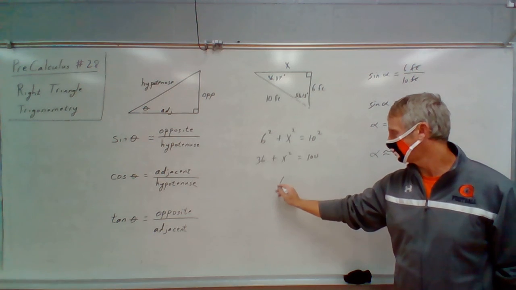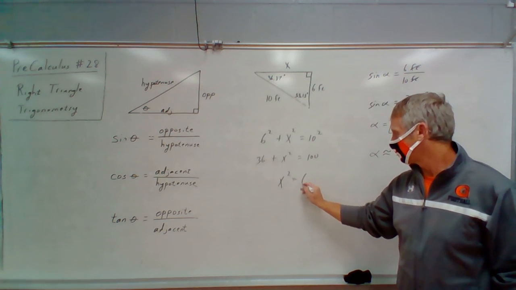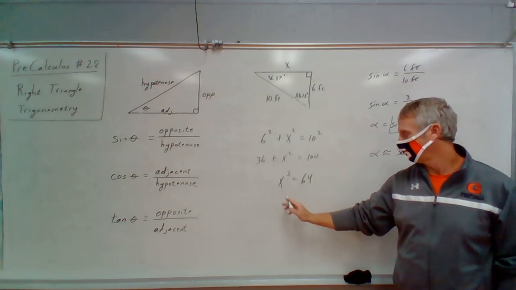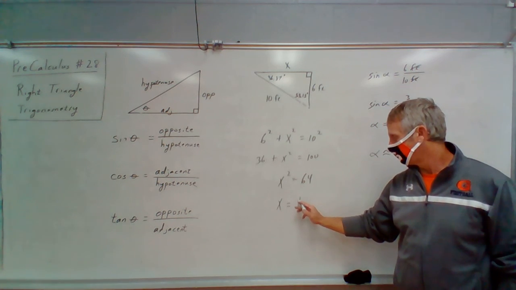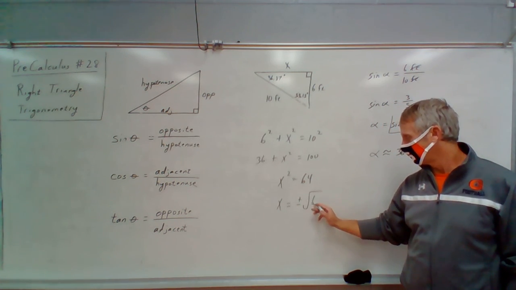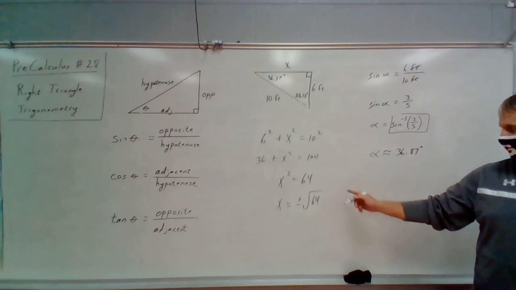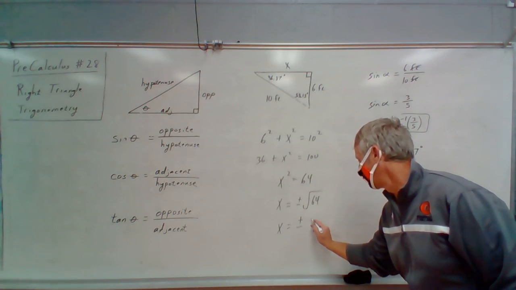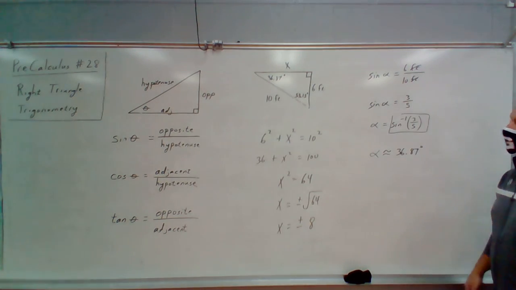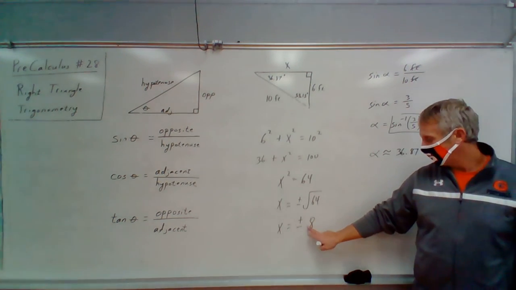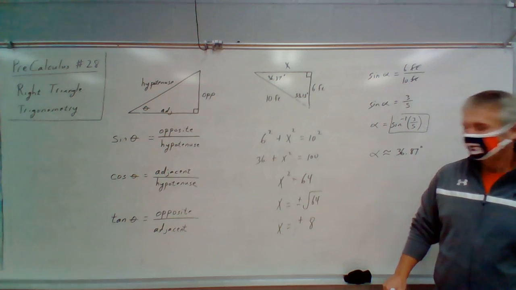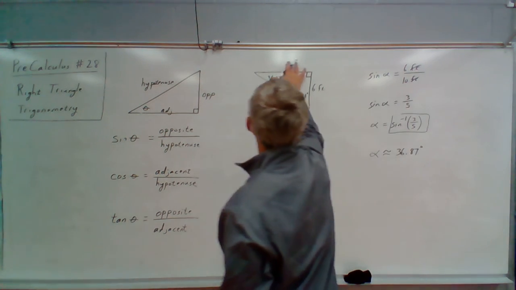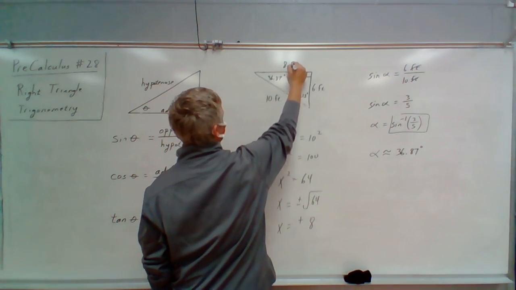Subtract 36 from both sides. X squared is 64. Take the square root of both sides. X equals plus or minus the square root of 64. Square root of 64 is 8. So x equals plus or minus 8. The length of the side of a triangle is not going to be negative, so we only want the plus value. So we get 8. So this should be 8 feet.